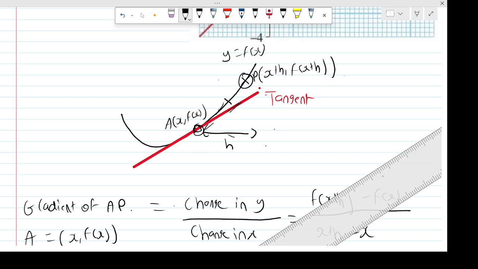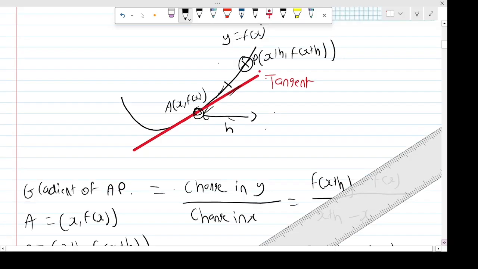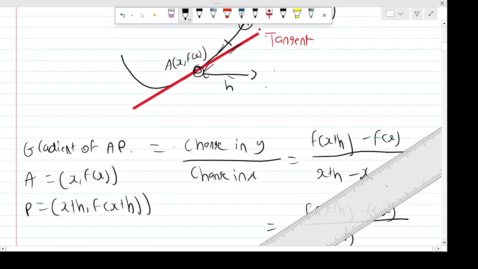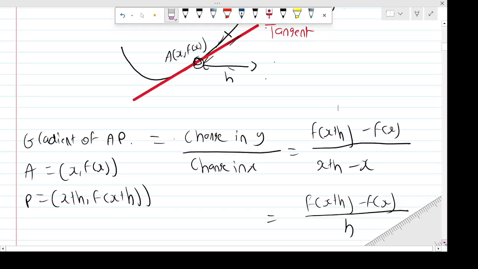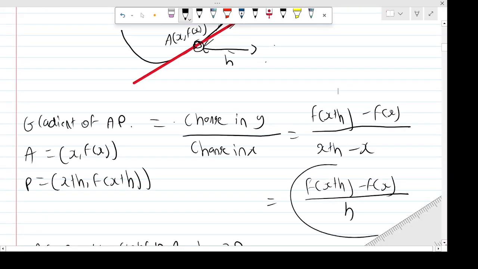Okay? So remember then, at any point P, no matter what value of P I choose, this will always be the gradient, right? But then as we've seen, we want to make this H, this distance from P to A, this X plus H, I want the H to go away.